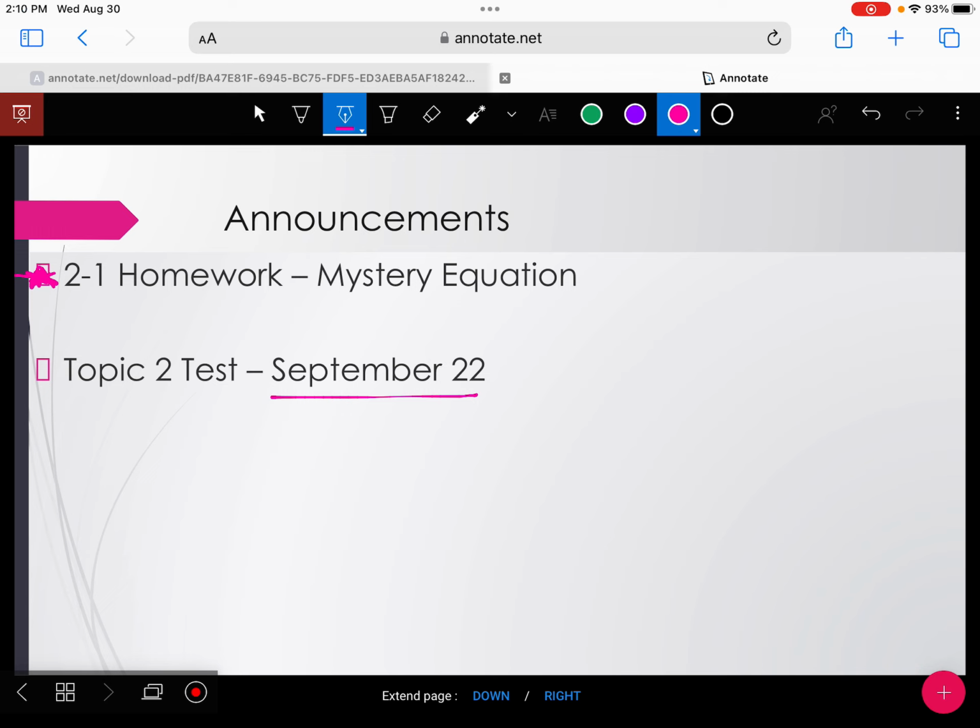That would be why. I changed the assignment. The title is different. All right, 2.1 is called Does It Match? The equation. It should be there.